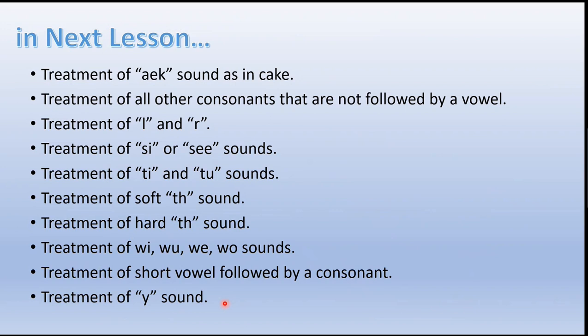These remaining 10 rules are: treatment of the ache sound as in cake, treatment of all other consonants that are not followed by a vowel, treatment of la and ra sounds, treatment of c sounds, treatment of t and tu sounds, treatment of soft th sound, treatment of hard th sound, treatment of v, woo, way, and wo sounds, treatment of short vowel followed by a consonant, and treatment of the y sound. We will see all these rules in the next lesson of this series.